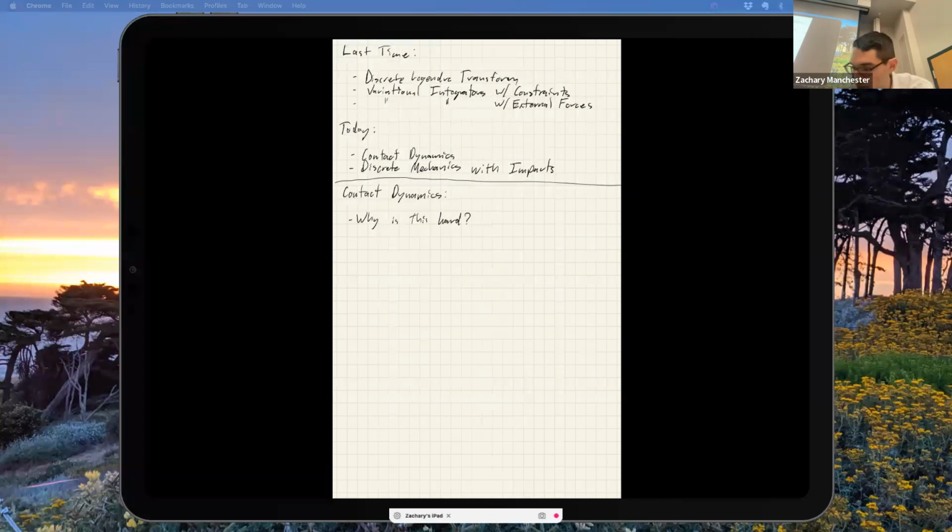Let's think in our heads right now about a falling particle, just a point mass, falling and hitting the ground. And for now, no friction.